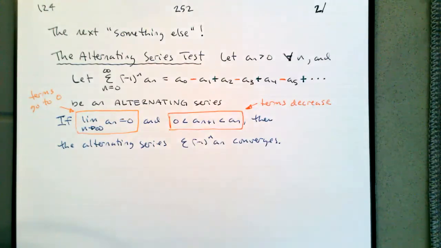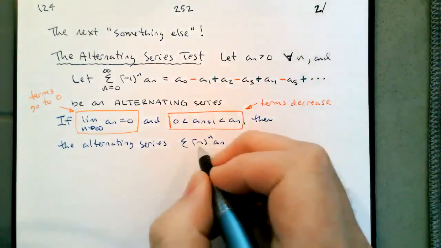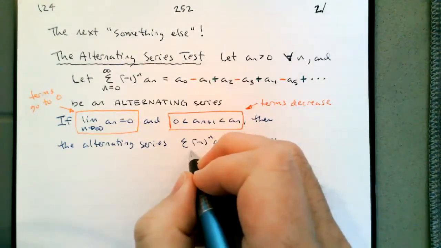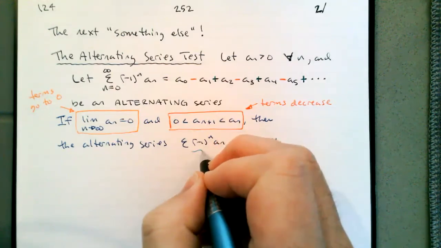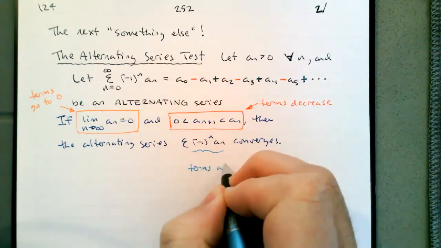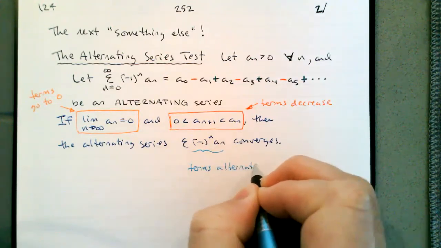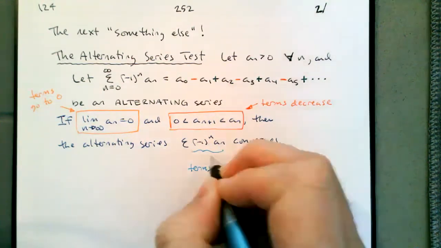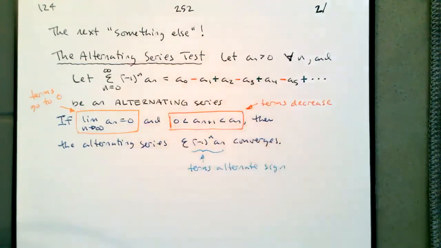And the terms alternate. So if those three conditions are met, then the series converges. What that means is that if the terms go to 0 and they alternate, then you get convergence.